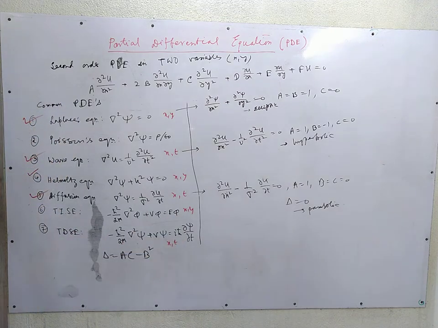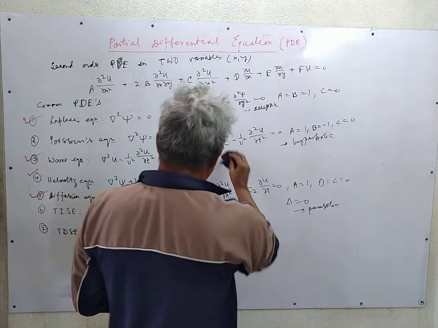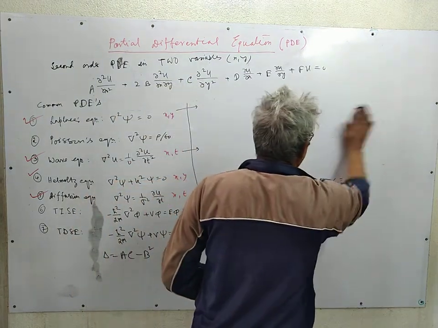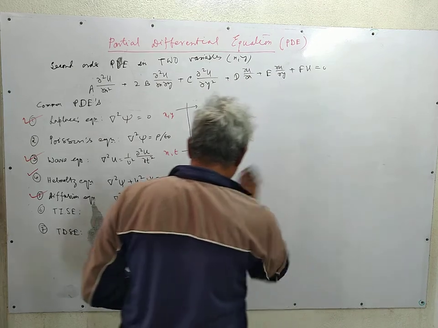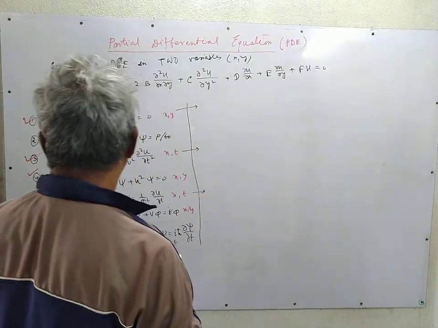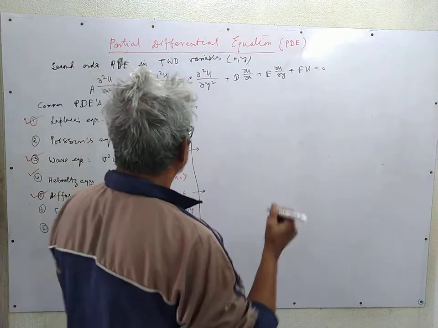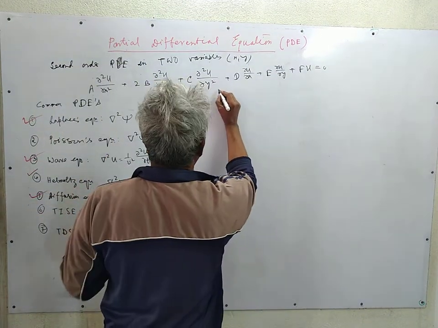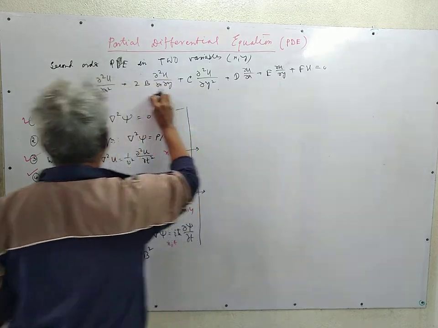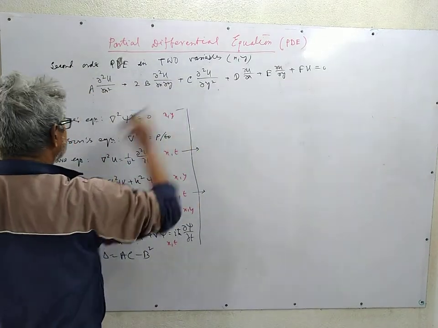So we are to generalize the definition for the nature of partial differential equations. We will go for this generalization, and to recall that we use the Laplace equation as parabolic.